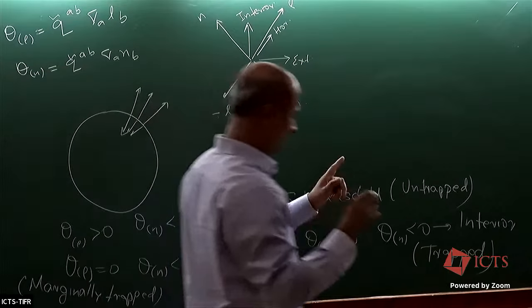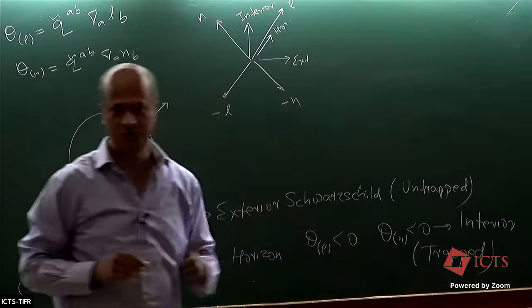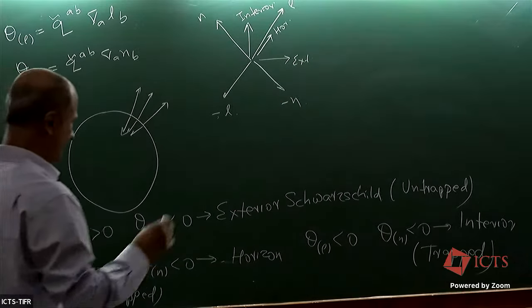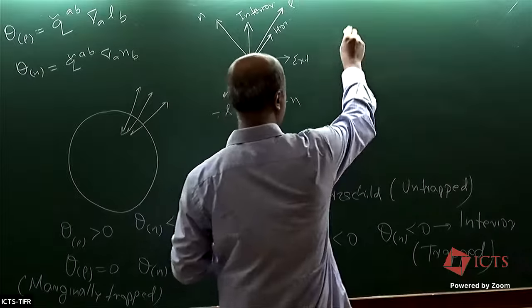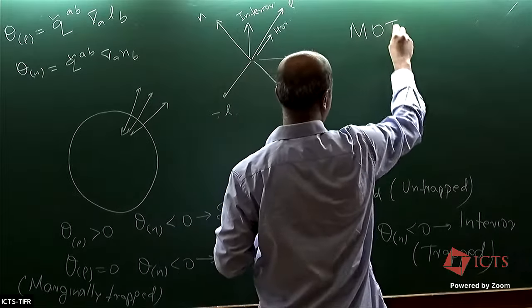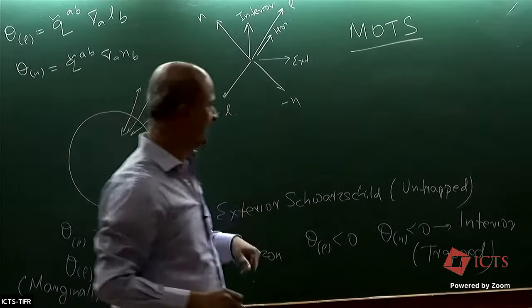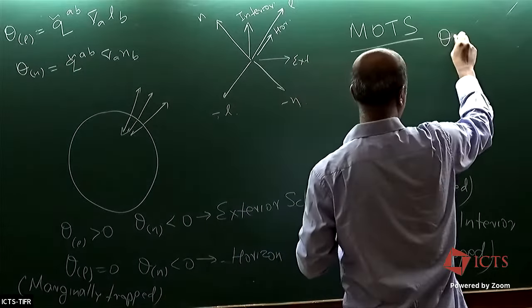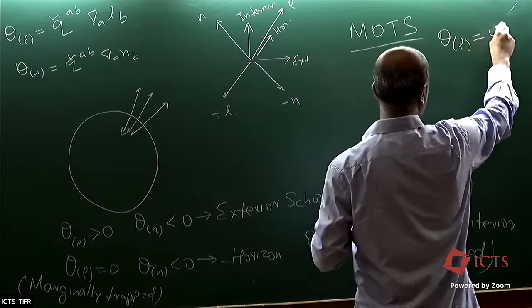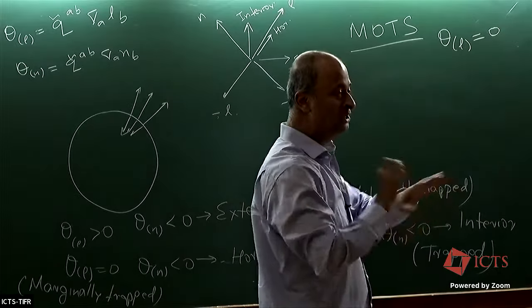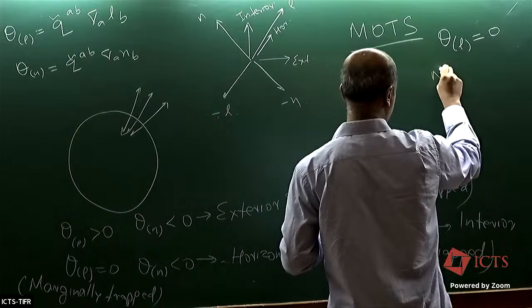So now in what I'm going to talk about, there is one more definition you need to keep in mind. That is, in fact, the most common thing that we will use. It's called a marginally outer trapped surface, or MOTS. So this is the case when I have theta L equal to 0 and no condition on theta n.